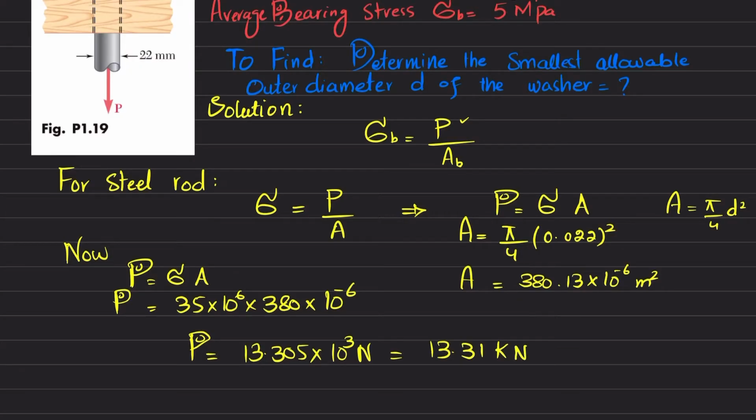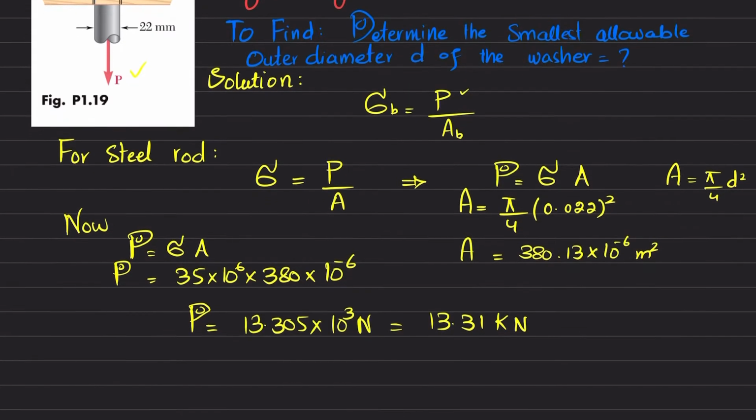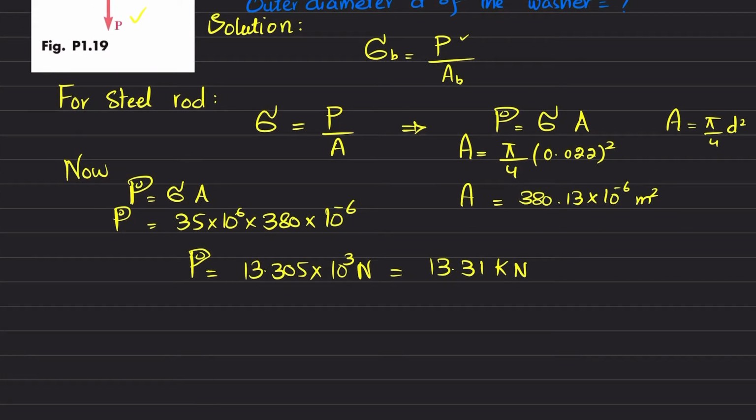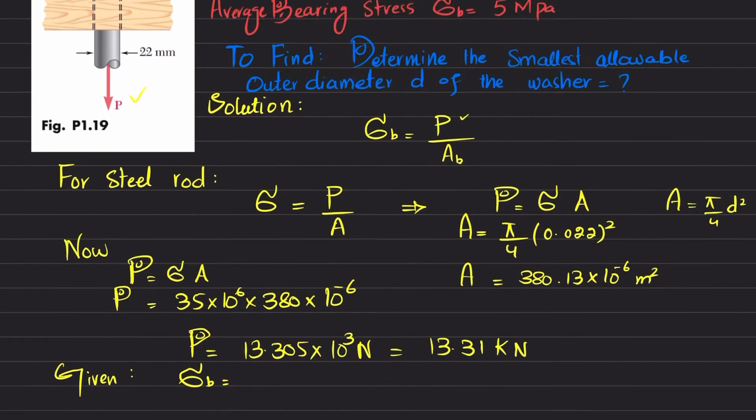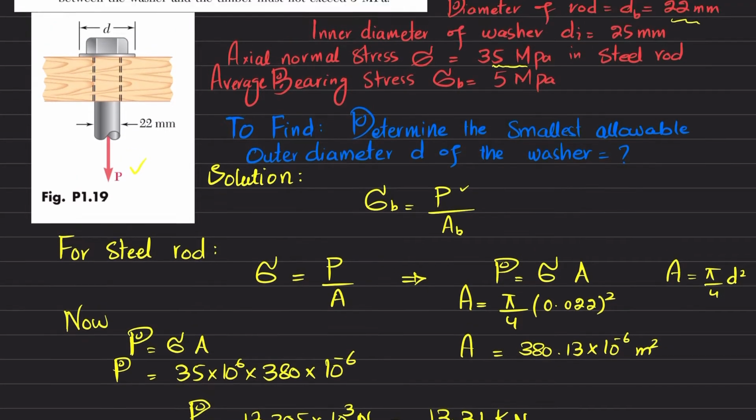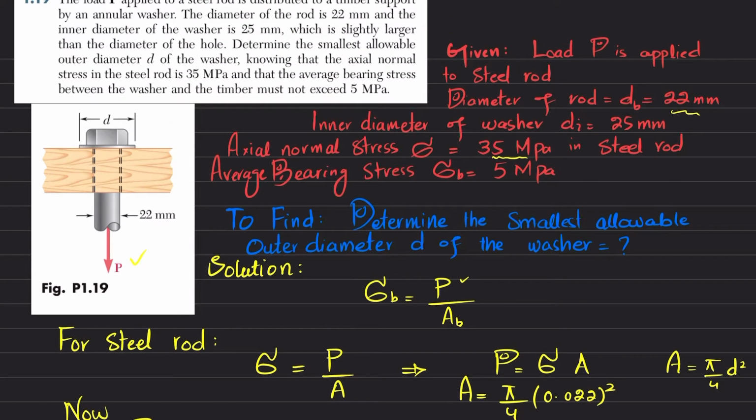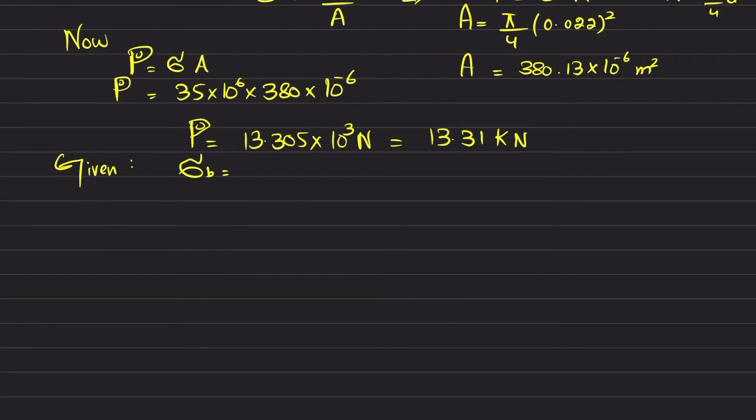Now you have this P force. We have been given that the bearing stress between the washer and the timber is 5 megapascal. We know that bearing stress is equal to force per unit bearing area, so we are interested in finding the bearing area.